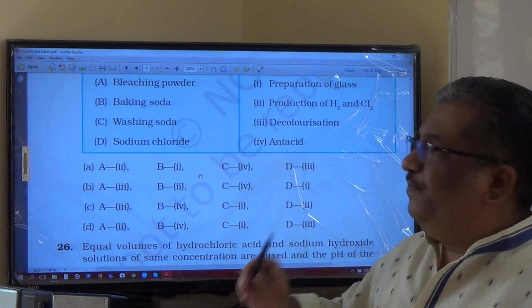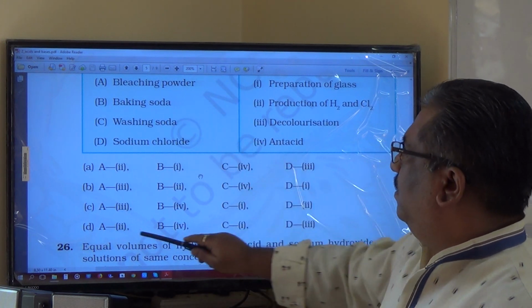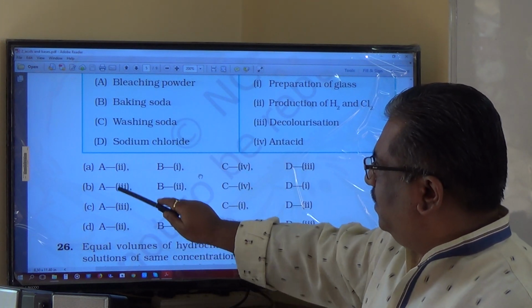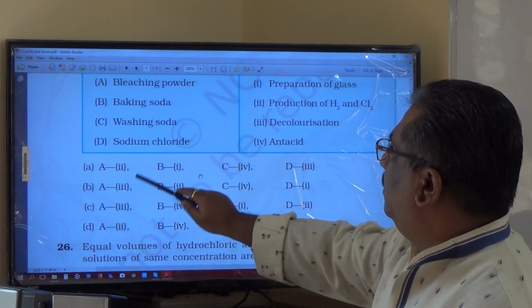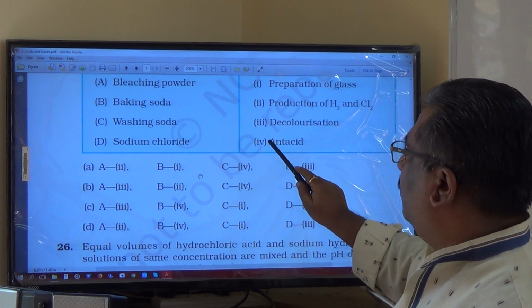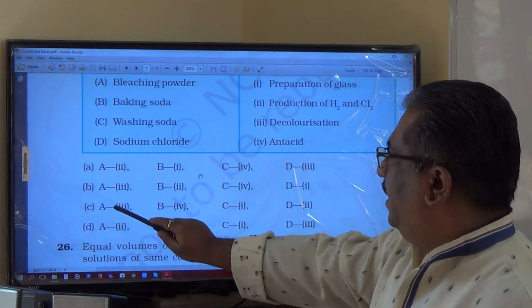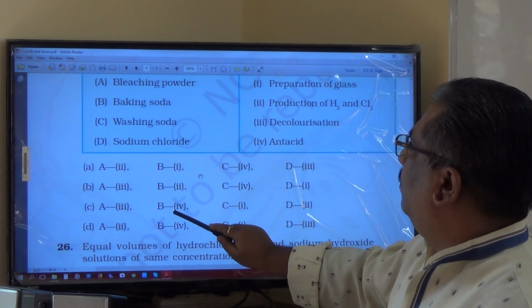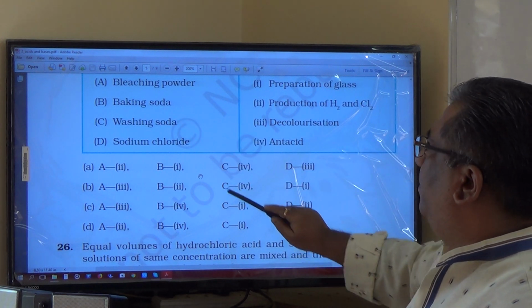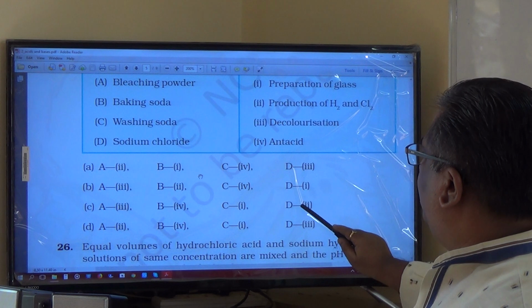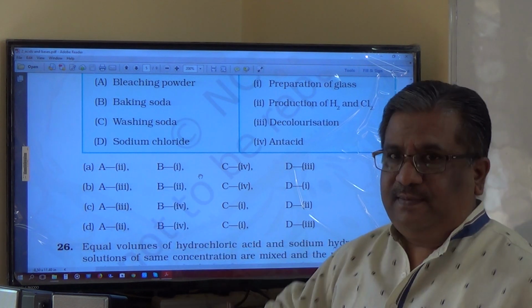We have to select here. Now A3, in the beginning itself, A3 there are 2 options. A3 correct, B4, this is wrong. A3, B4, C1, sodium chloride 2, D2. So answer is C here.